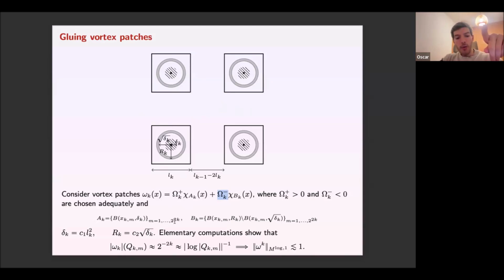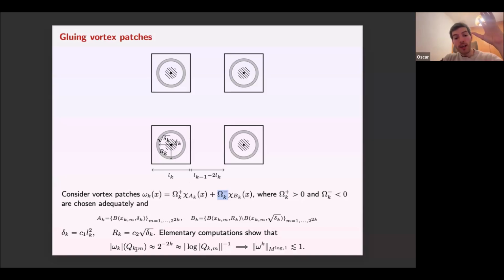All right, and now here you can read how we can choose all these parameters so that this works, but one can prove that the total variation at the level k of this vorticity on every one of these cubes is exactly the required one, I mean, the logarithmic decay to the power -1.